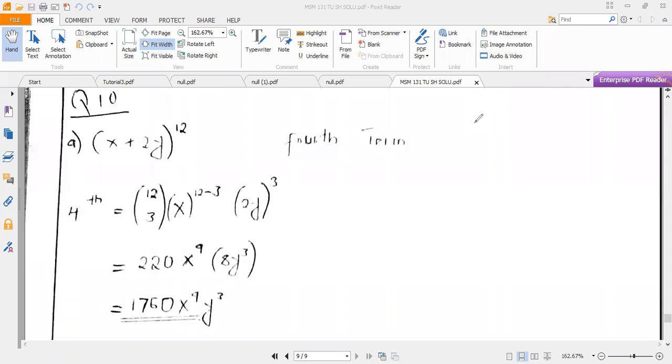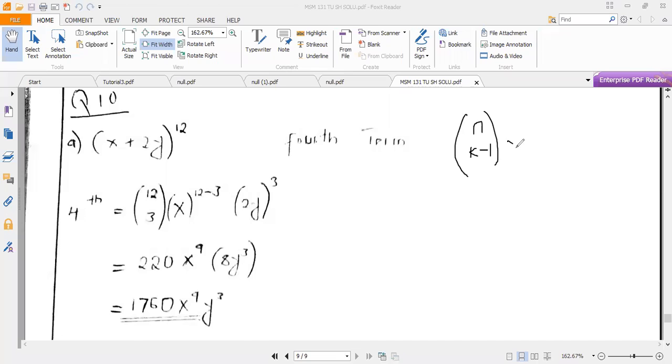So, sir, the formula is this. N choose, because this is the fourth term, so the fourth term is the k. So we say the term k minus 1. You see that, sir?